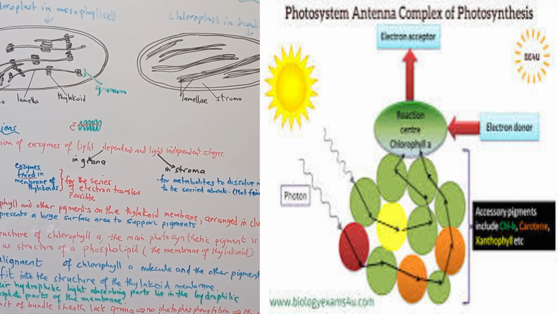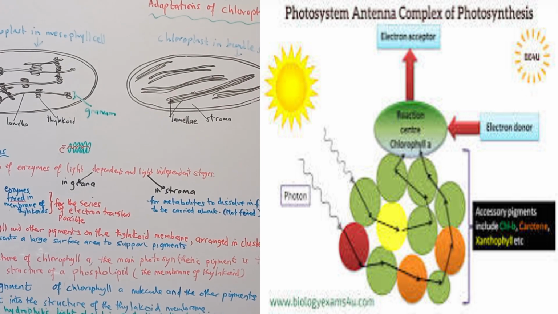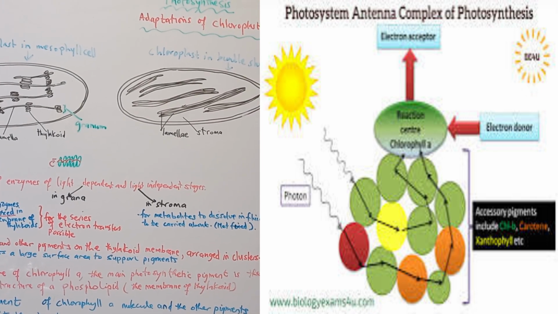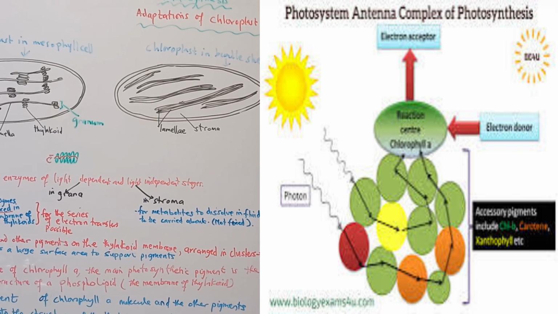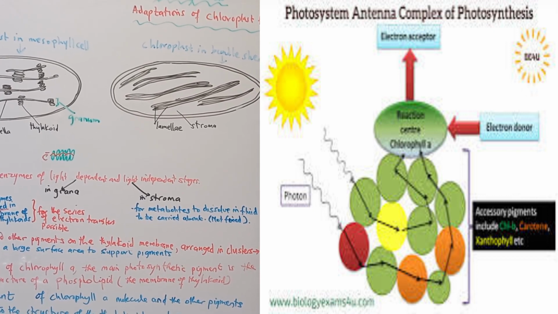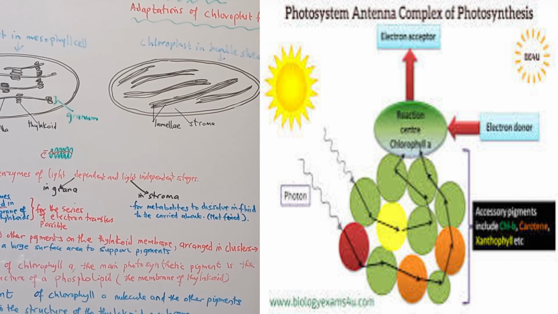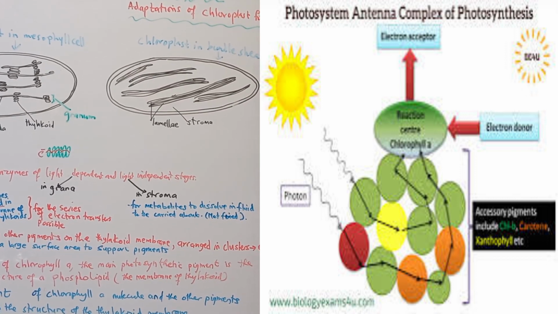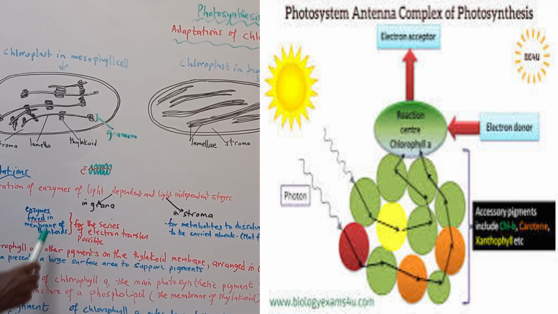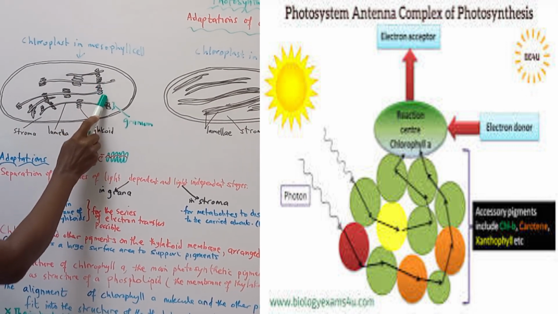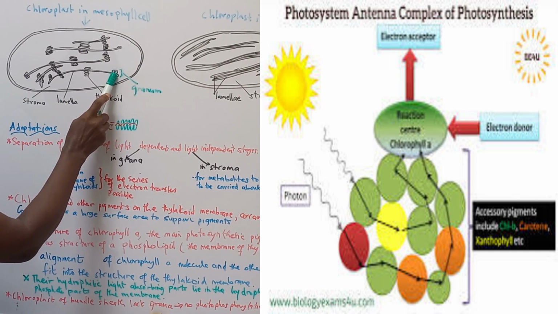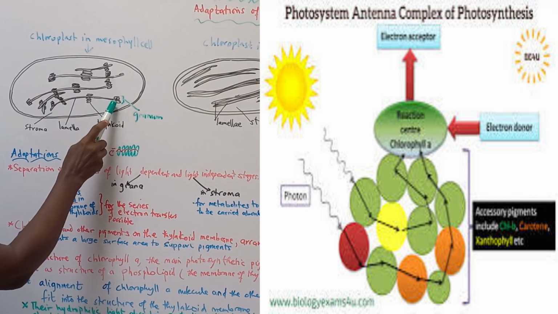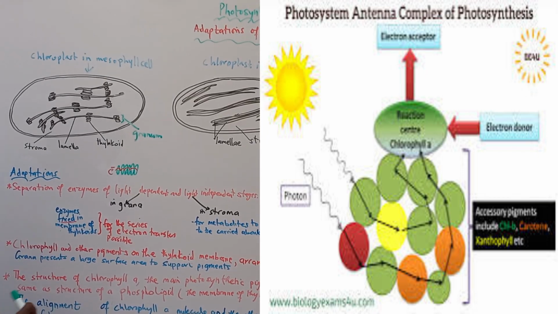We will have sunlight hitting chlorophyll A as well as all the accessory pigments, and the light energy is channeled from the accessory pigments into the main reactive center, which is the chlorophyll A. So you see the granum has a large surface area so that the pigments can be supported well in them so that there will be efficient harvesting of sunlight.